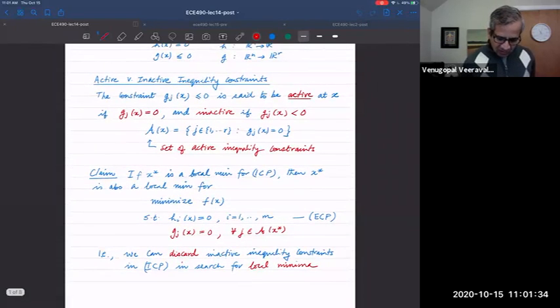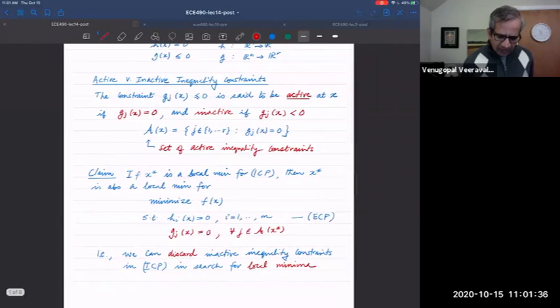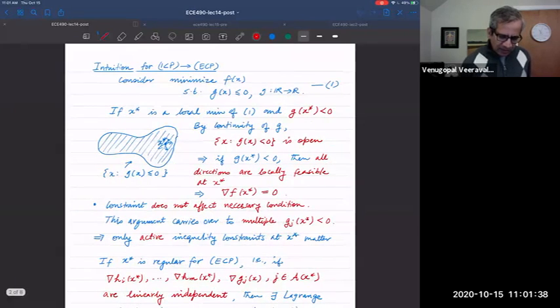One of the intuitions for that was, if you have an inequality constraint that's not active, then the corresponding x star is sitting inside the interior of the constraint set.